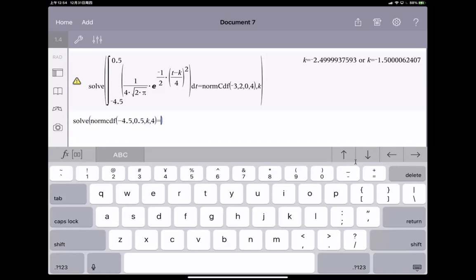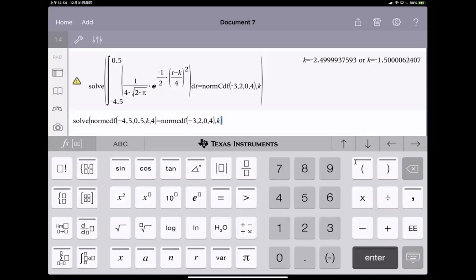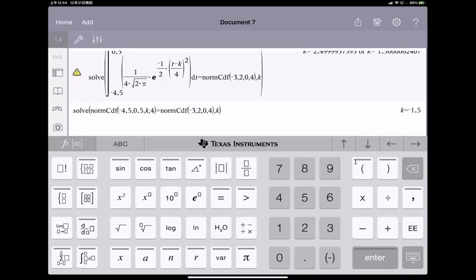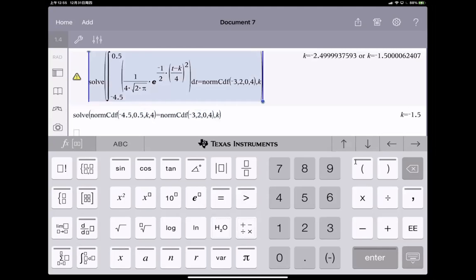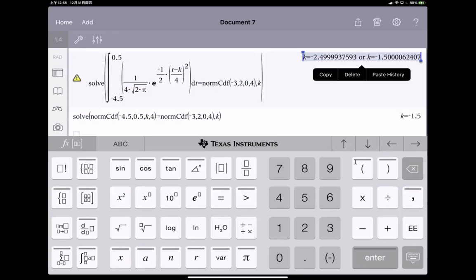It equates to norm CDF bracket minus 3, 2, 0, 4, k. And again, you press Control Enter instead of Enter. It could give you k equals minus 1.5, but it will lose another solution. So be cautious with this method. The method above can give you both solutions at once.